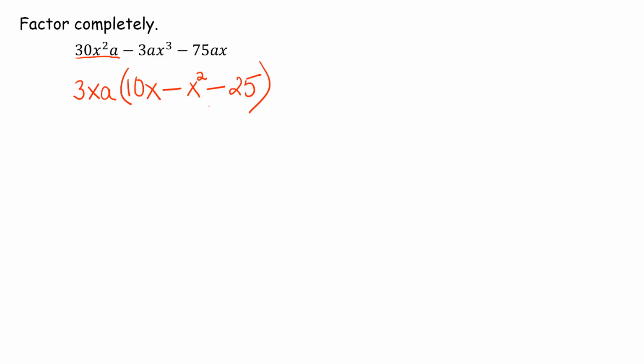It's not in order right now, and it has some negative signs where I don't want them to be. So I'm going to rewrite it, first of all, in the correct order. So the x squared term should come first, then the 10x, then the 25. I don't really like to have a negative sign in front of the x squared if I'm trying to factor, so I'm going to factor out -1 from this whole trinomial here.